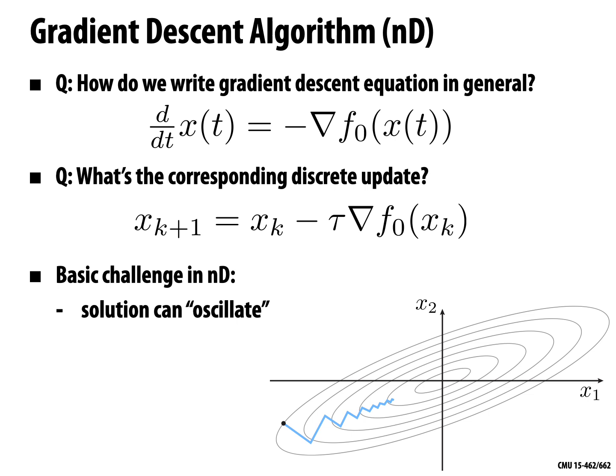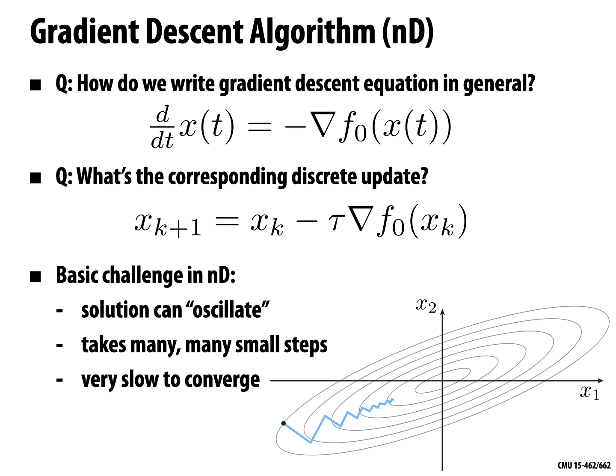But if all we do is look at the derivative at that point, right, we just have a very, very local view of the function around that black point, then it seemed like the best thing to do was to go along that initial blue segment. Okay? And so this is the major shortcoming of gradient descent. It really only considers a very, very local picture of the function we're trying to optimize. And for that reason, it can end up taking many, many small steps. It can be very slow to converge.